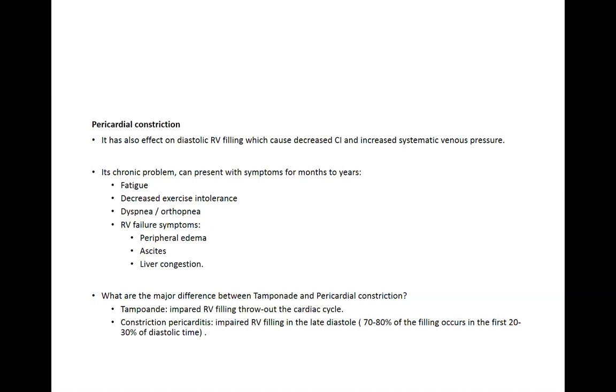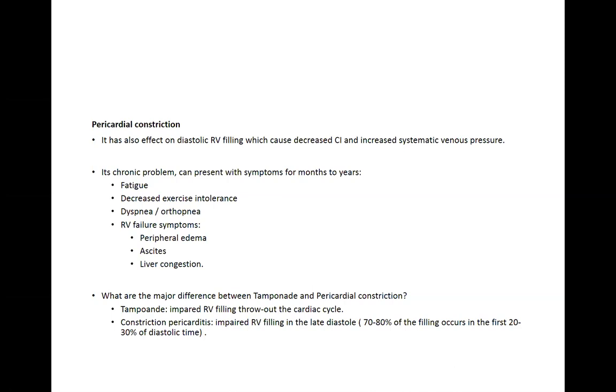Yes, so the impaired RV filling in tamponade happens throughout the cardiac cycle. In constrictive pericarditis, the filling problem is only in diastole, and it's mainly the late diastole.